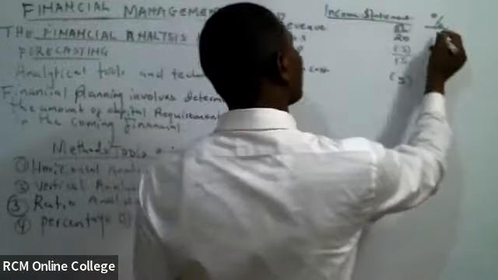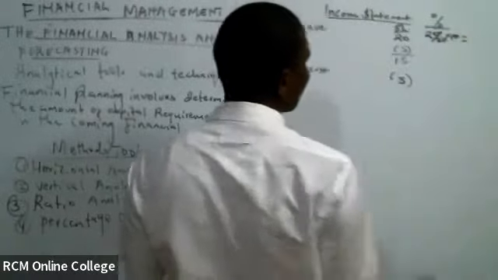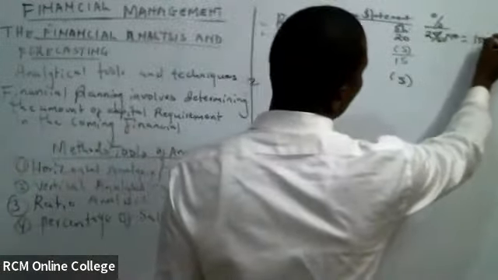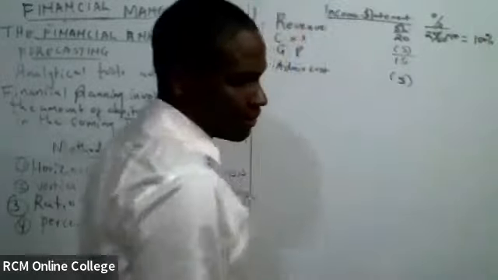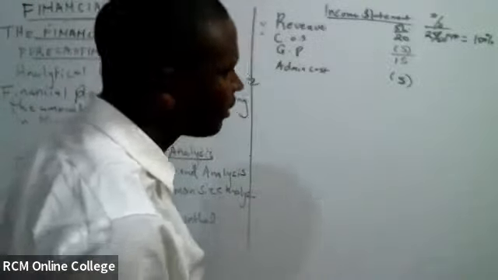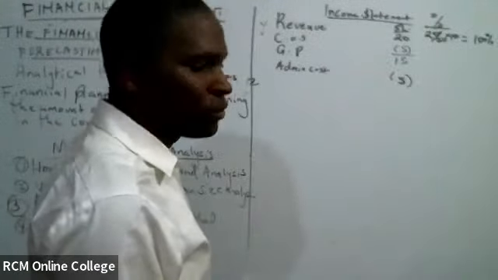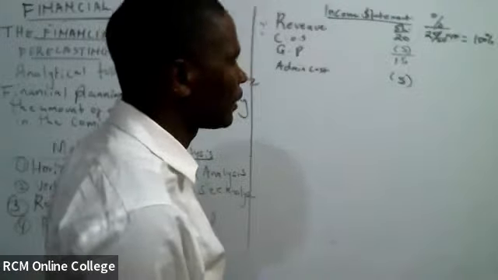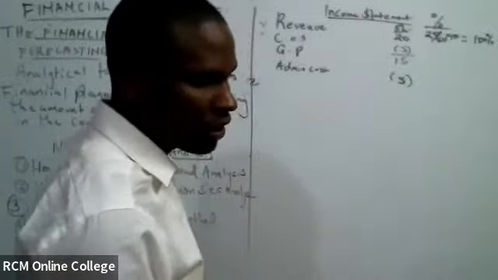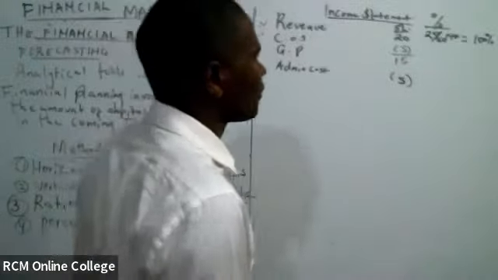So this will be 20 out of 20 times 100. What will be the percentage of my sale? It will be 100%. So our sales under this method will always be 100%. Unlike in the other method, the horizontal method, where we're looking at the trend, you can get even 500% in a certain item.